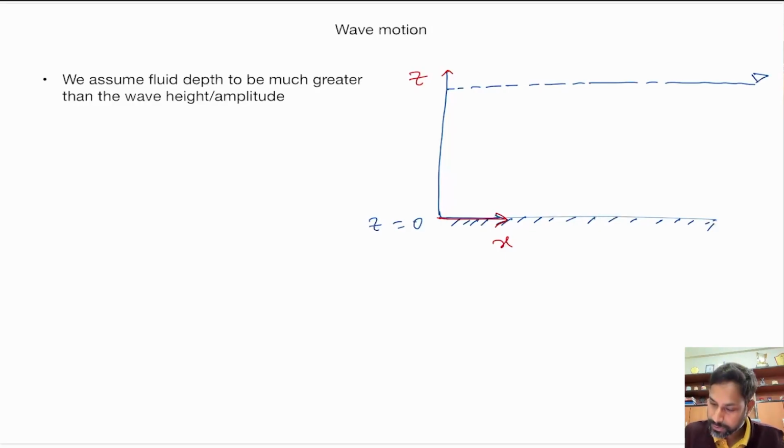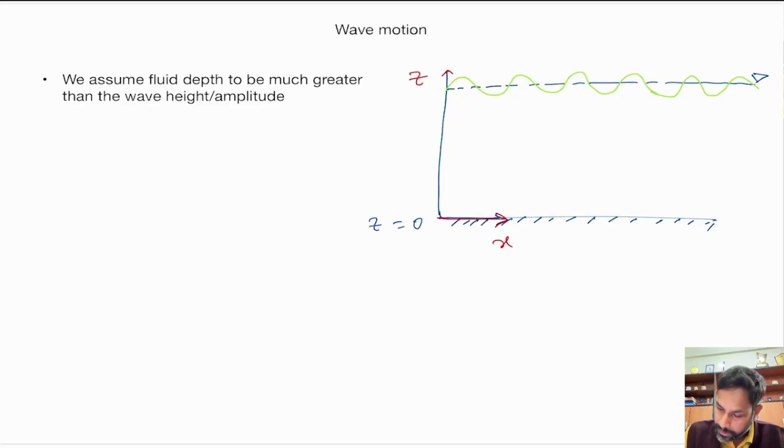Okay, the water surface, and for some reason there is a wave that has got created. So there is a wave at the surface, and we are trying to model this wave.